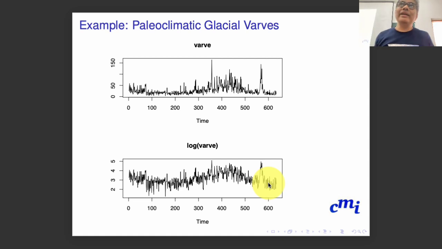Now in this kind of scientific analysis, forecasting is not an issue. You don't want to forecast. Most of the time what people do is they want to just understand the science, how the world used to look like 10,000 years back or 8,000 years back.